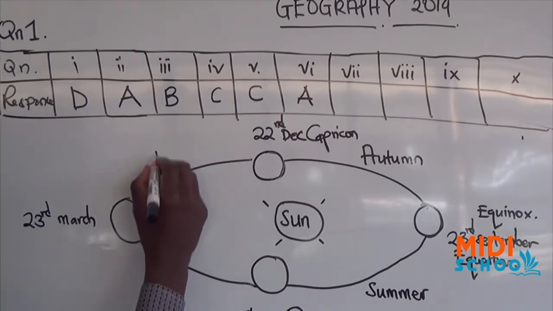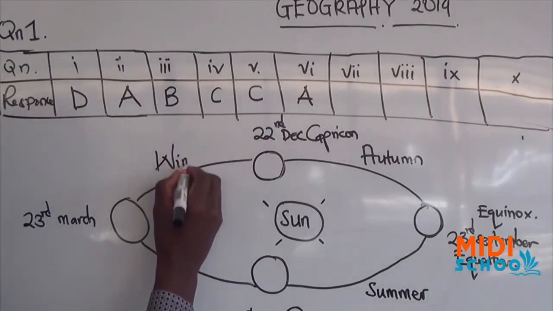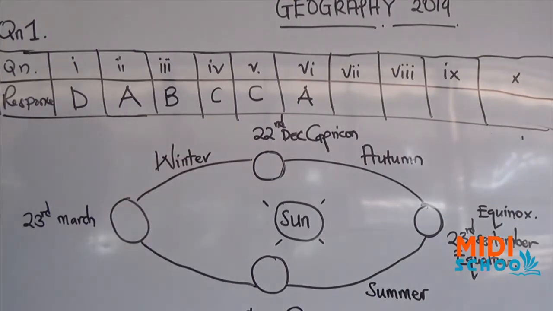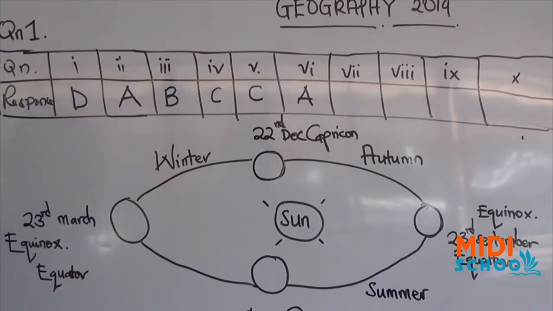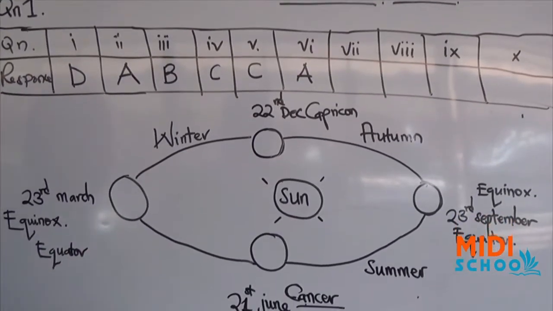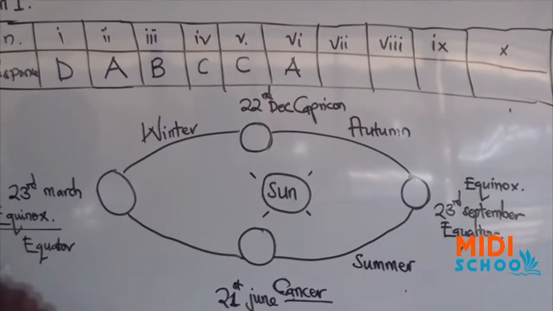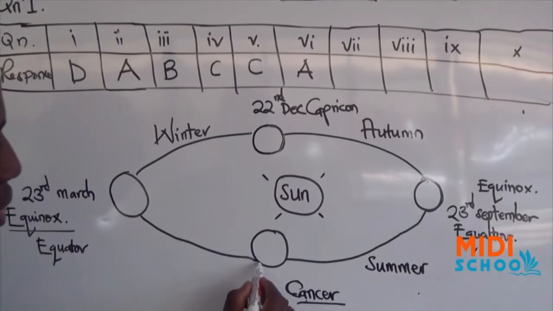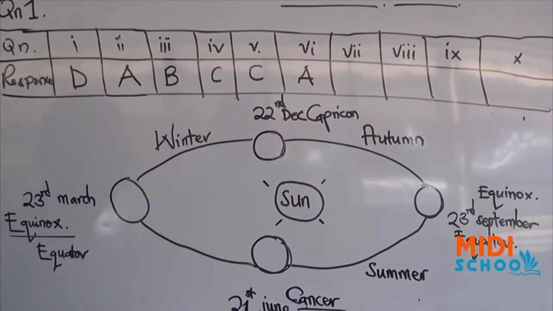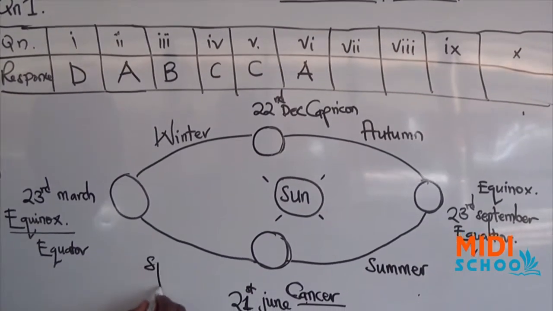The season here will be winter, and here again it will be in equinox at the equator. Then from 23rd March back to 23rd June in the Tropic of Cancer, we'll have spring season.